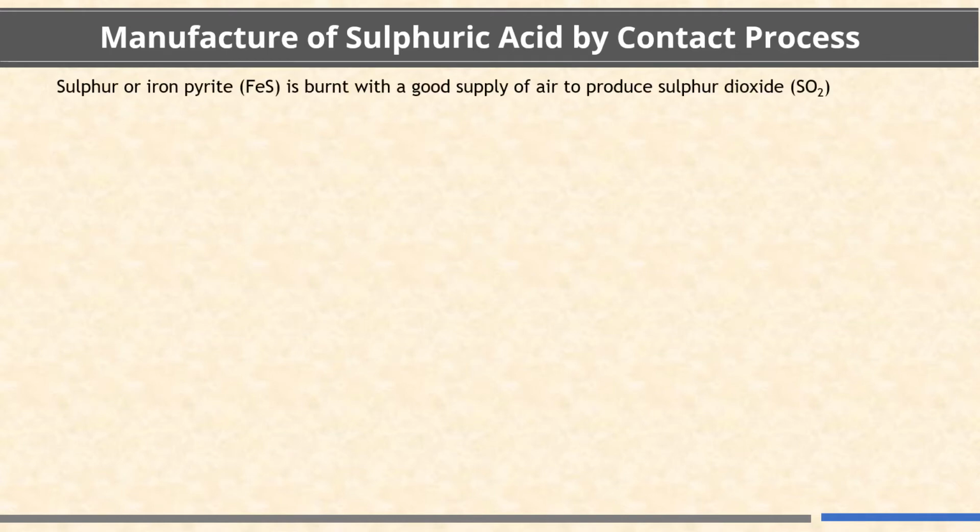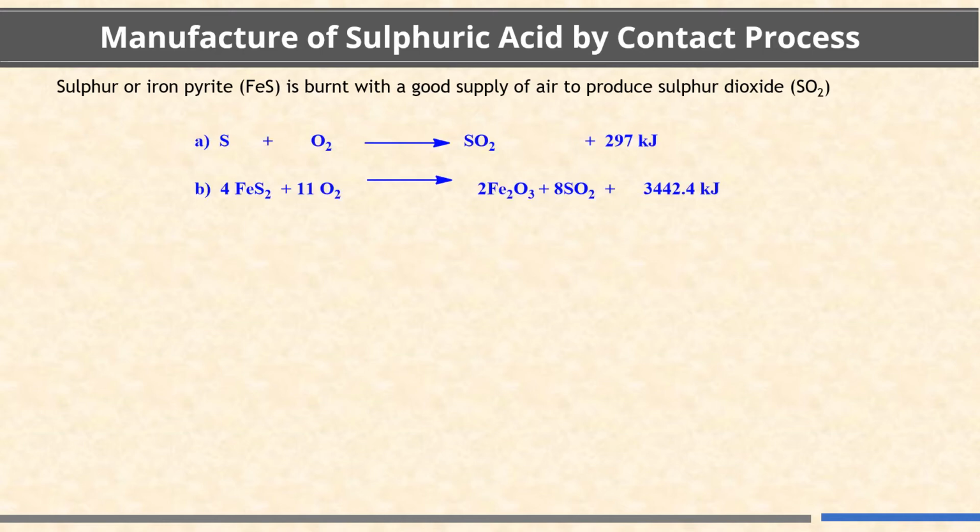Sulfur or iron pyrite FeS2 is burnt with a good supply of air to produce sulfur dioxide SO2. S plus O2 gives SO2 plus 297 kilojoules of energy. 4 FeS2 plus 11 O2 gives 2 Fe2O3 plus 8 SO2 plus 3442.4 kilojoules of energy.